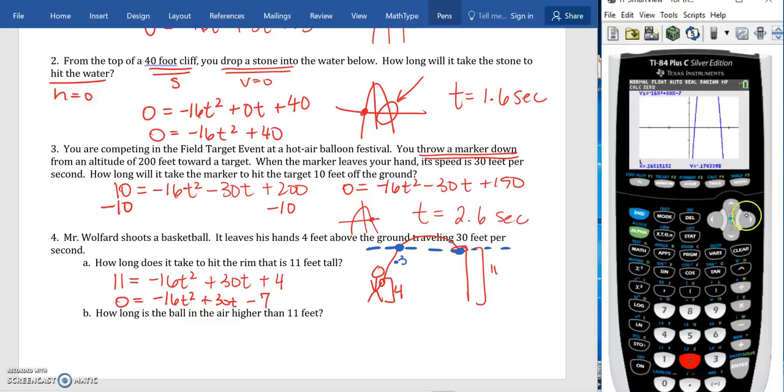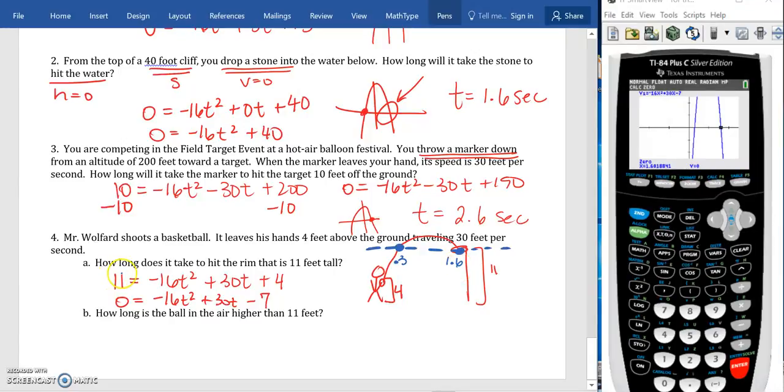Calculate 0. There it is. Hit enter. One more time. And there we go. We've got one here at 1.6.